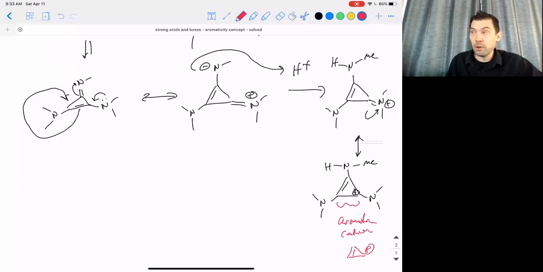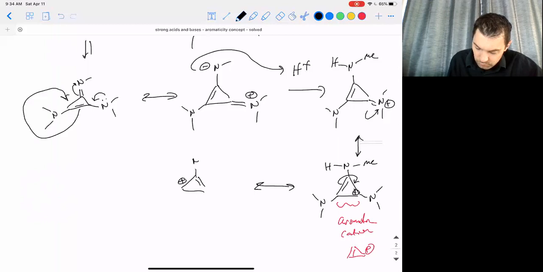So the cyclopropenyl cation has a Huckel number of electrons. And we can take that positive charge and we can move it around to every spot on this triangle. And then we can move it again if we really want to.